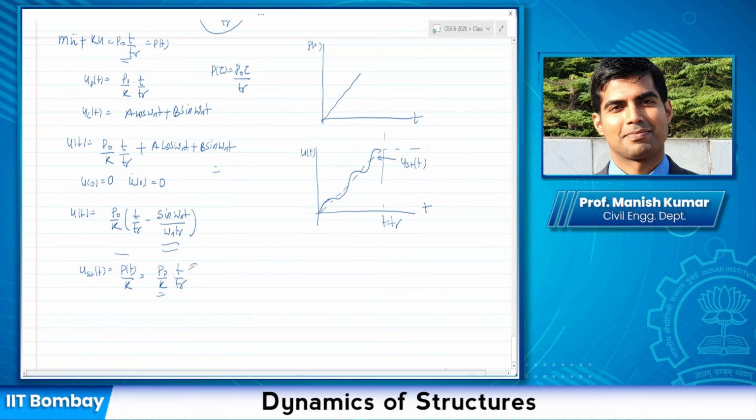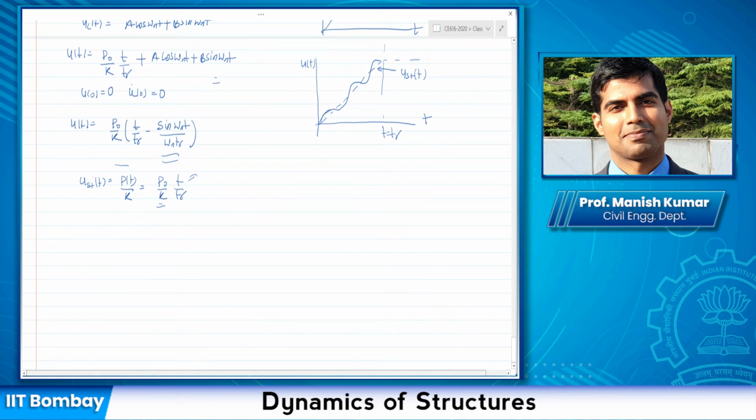But I'm saying this is basically what it looks like. When I apply this ramp loading, the system would follow the force. Depending upon the expression omega n tr, which can be represented as 2 pi tr by Tn, remember tr by Tn is my important variable here, it might look like something with very little vibration, or it might look like something like this.